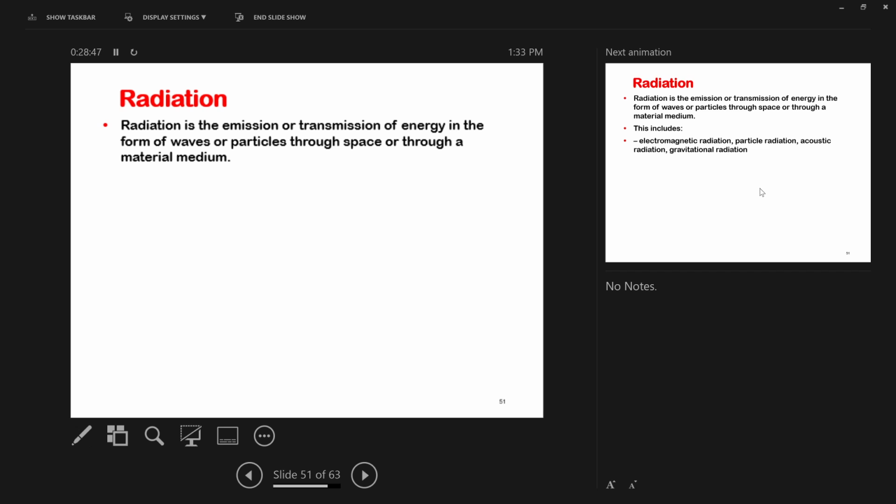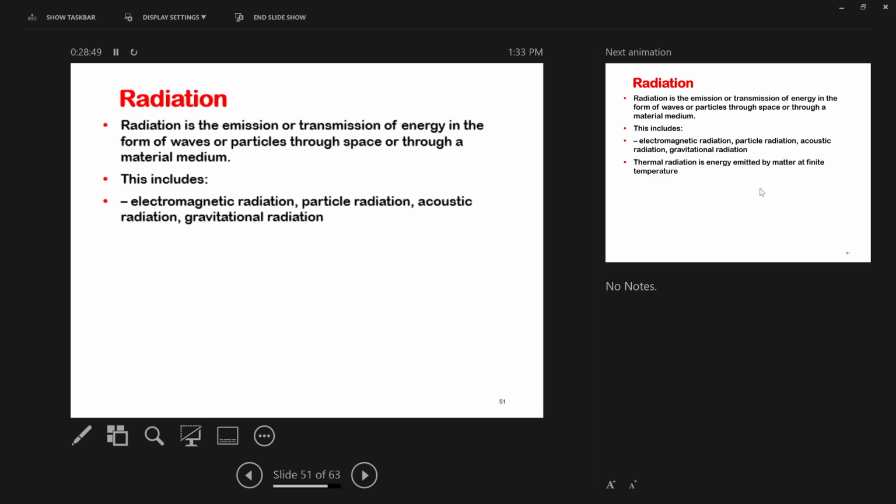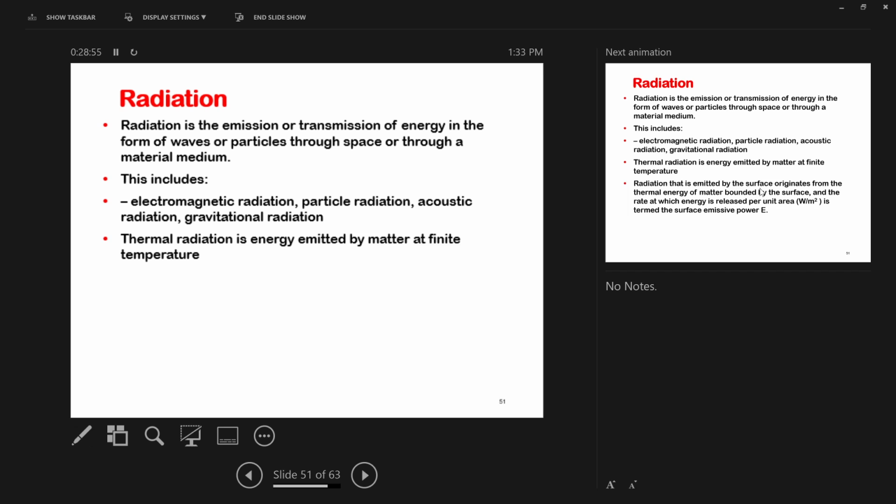So radiation includes electromagnetic radiation, particle radiation, acoustic radiation, and gravitational radiation. Thermal radiation, which is our focus, is the energy emitted by matter at a finite temperature.